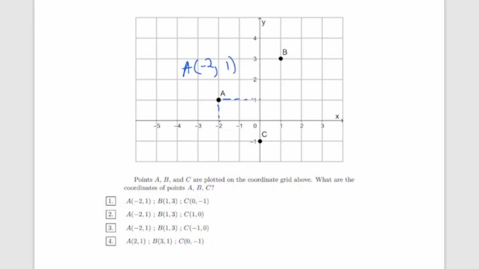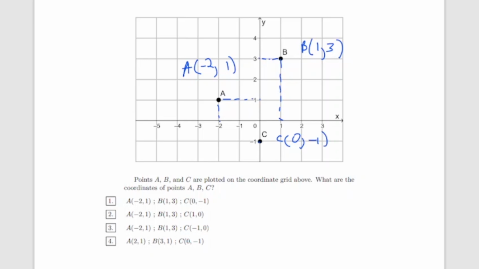And the coordinates of B, we'll say B equals, so we start off at B and go all the way to the x-axis, and we get a 1. And if we start off at B and go all the way to the y-axis, we get a 3. And for C, we are already on the y-axis, so x is 0. And the y coordinate is -1.